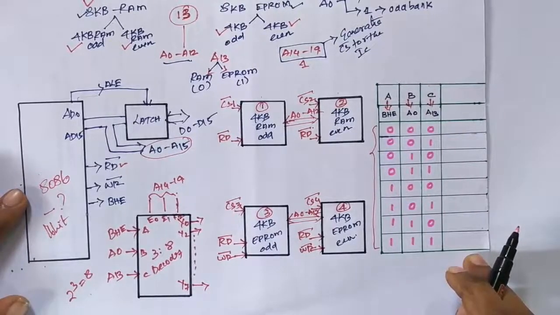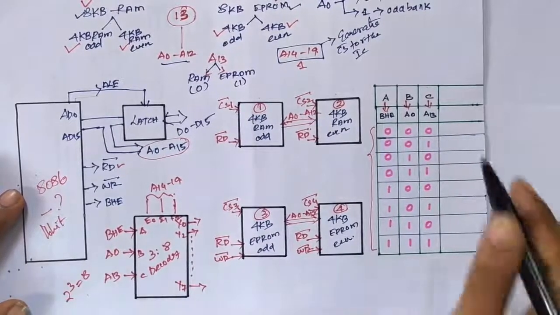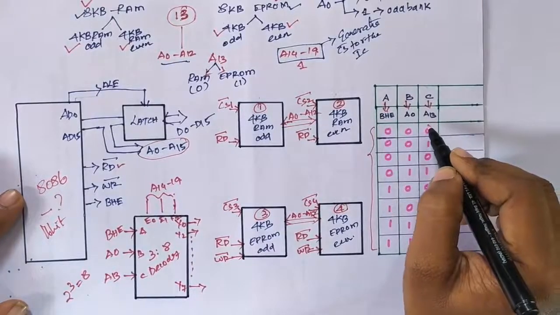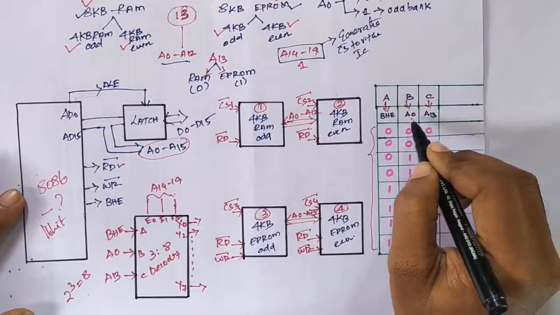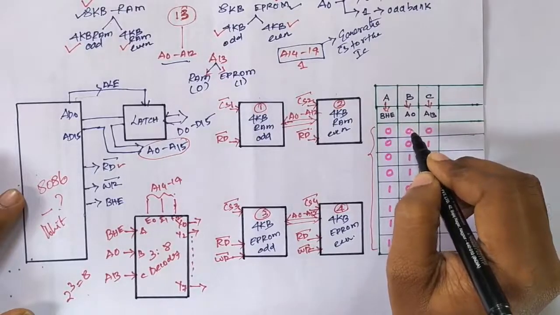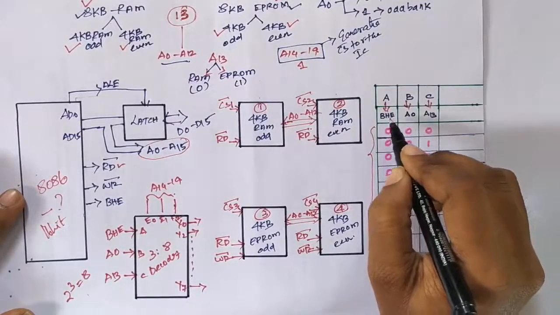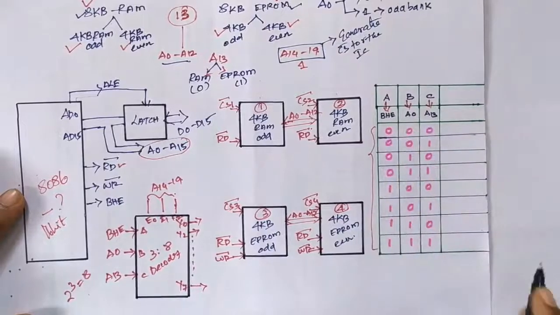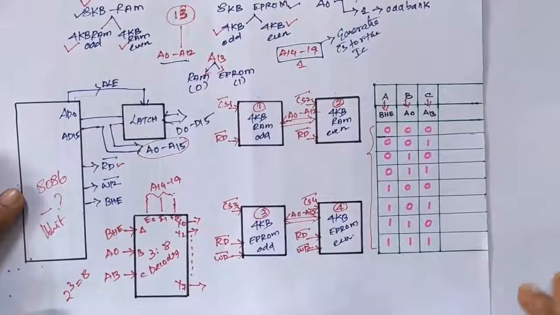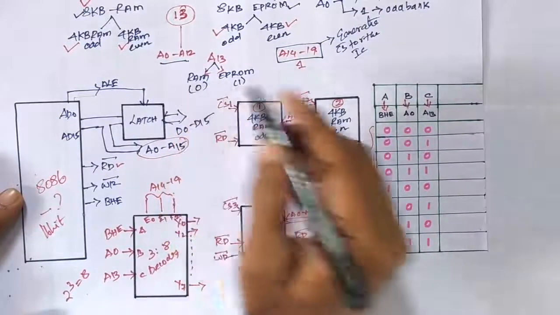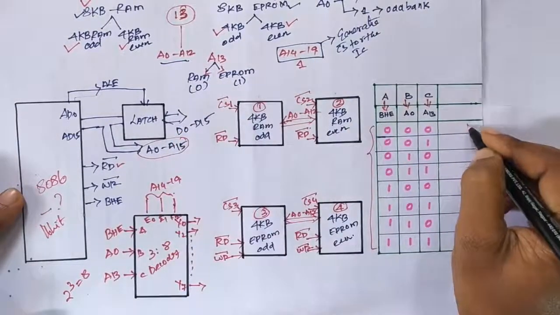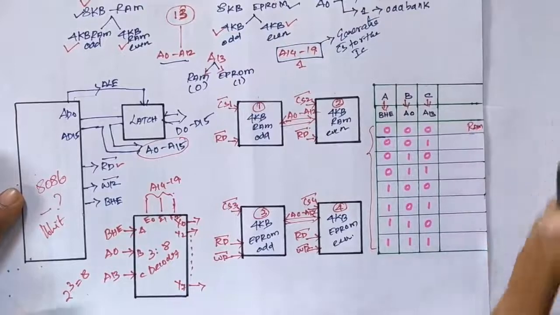At that time you need to remember which chip will be selected. A13 is equal to 0, A0 is 0, and BHE is 0. For your information, A13 equal to 0 selects the RAM memory. So automatically my RAM memory is selected.